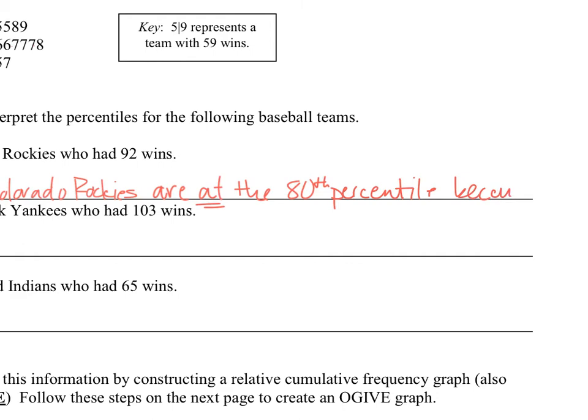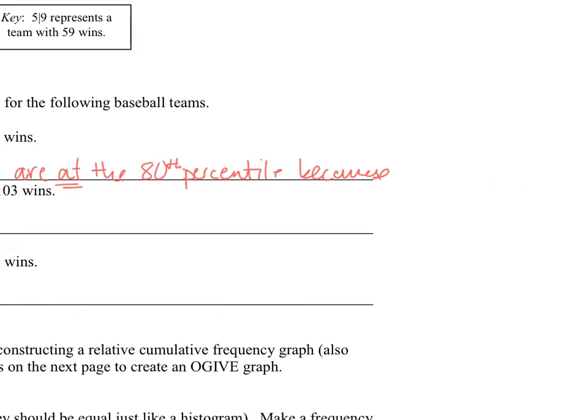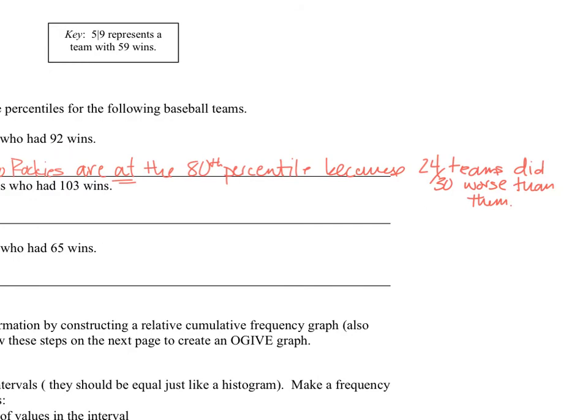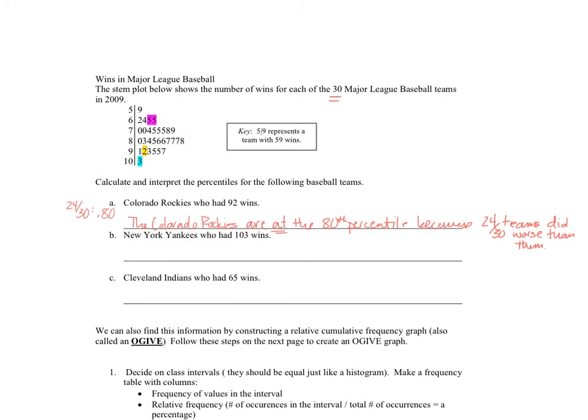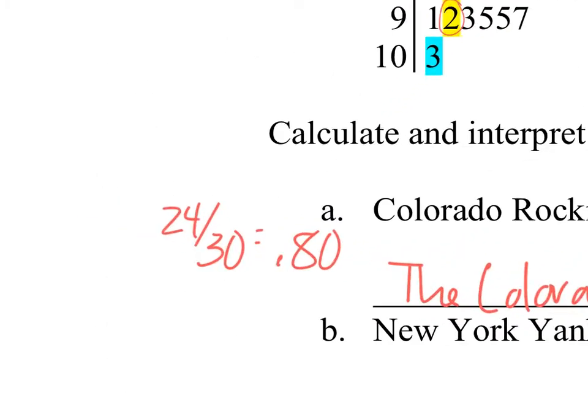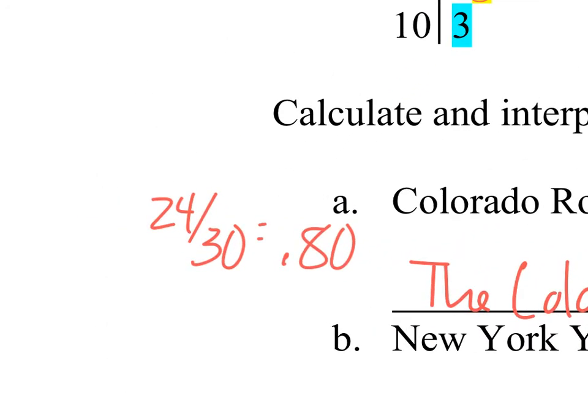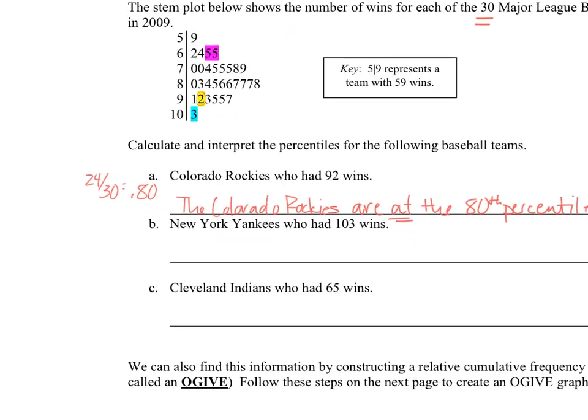I'm just going to put this on the very first one, and I think we'll leave the other ones. 24 out of 30 teams did worse than them. So we have some explanation as to why they fell at that 80th percentile. If you just want to say the Colorado Rockies are at the 80th percentile and include this work, I think both of those things together are important to answer a question about percentiles.